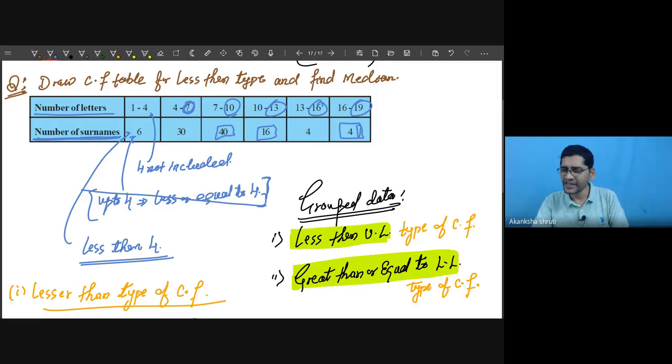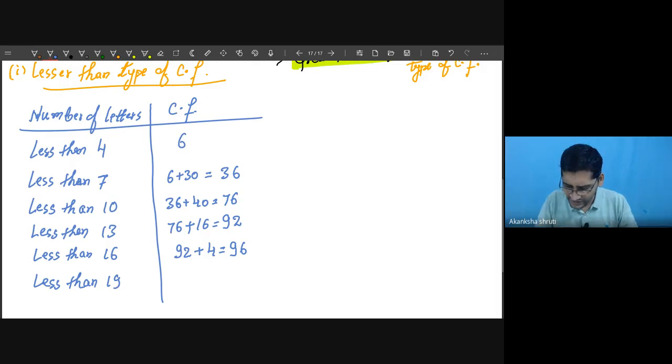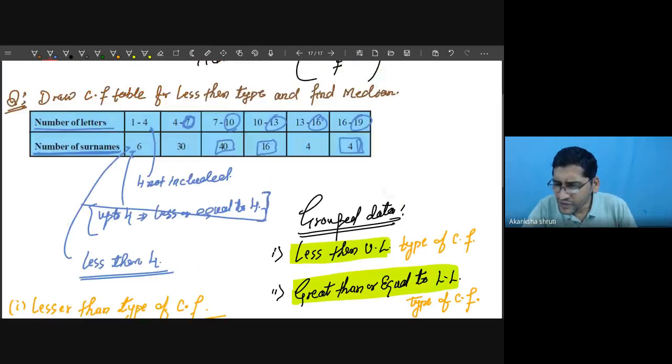But here the upper limit is not included, so less than 19 will include all these 4, and the story is over here. So 96 plus 4. Yes, Vivek, are you getting it? Because this question may come to your mind. This 4 is not including 19, so less than 19, all the frequency is considered. So no need to extend.